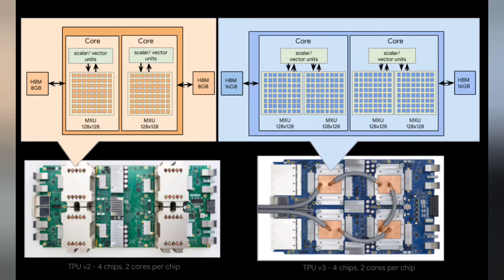Matrix multiplier unit, MXU, is 65,536 8-bit multiply and add units for matrix operations. Unified buffer, UB, is 24 MB of SRAM that works as registers. Activation unit, AU, is hardwired activation functions.